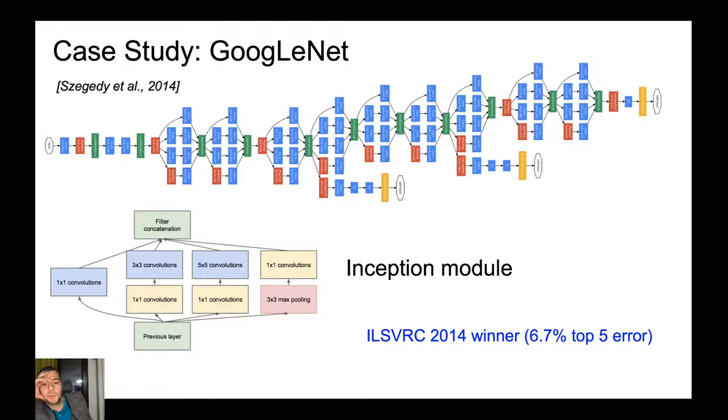GoogleNet proposed a different modular design, and they actually tried to make some design choices matter less. For example, they said, okay, we don't know what's the ideal depth of our network, so we don't know how many layers we should use.